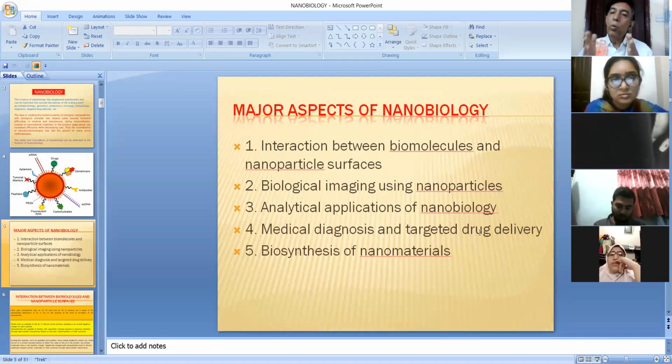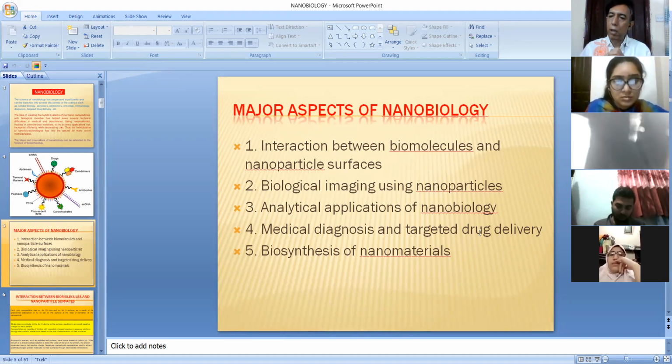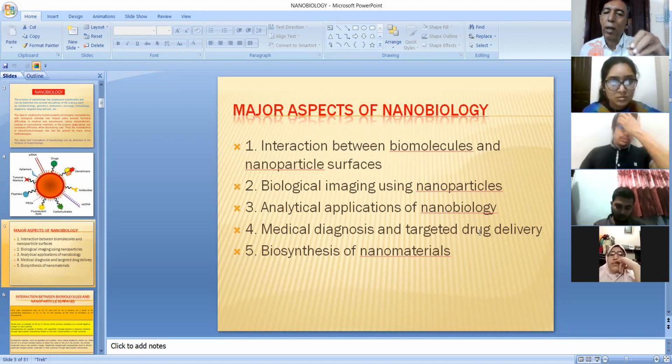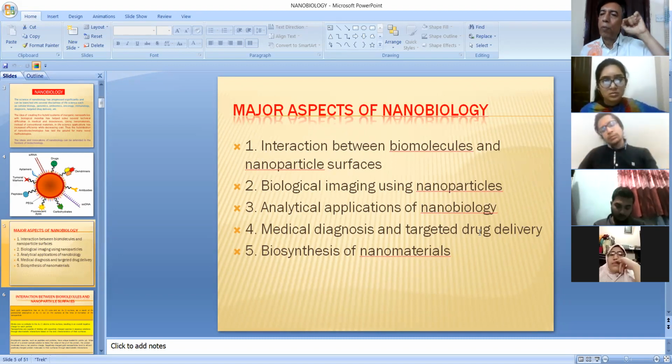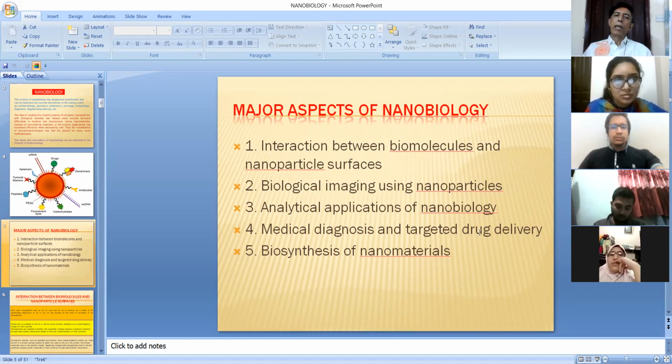Now, how to check this variant? How to check this sequence? You can analyze DNA by nanobiological technique, by nanobiotechnology. So this is one of the aspects of nanobiology. We'll see it later, how you can check the sequence of a DNA.